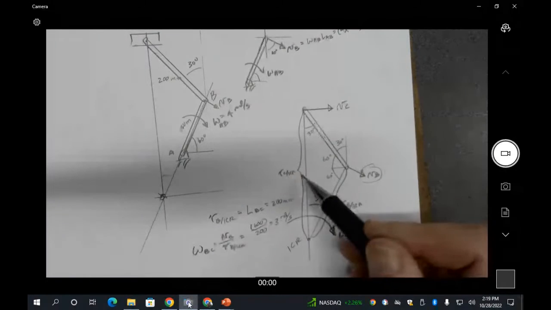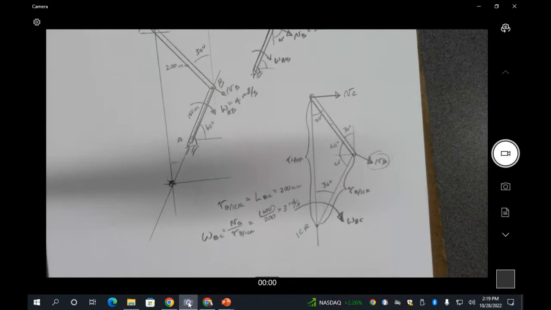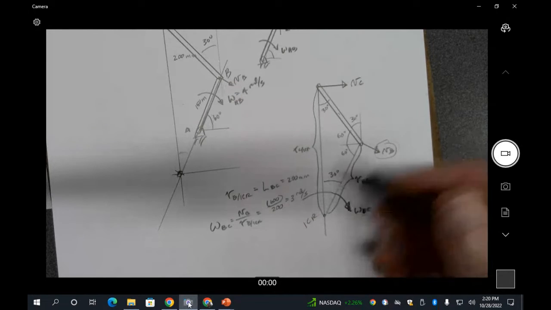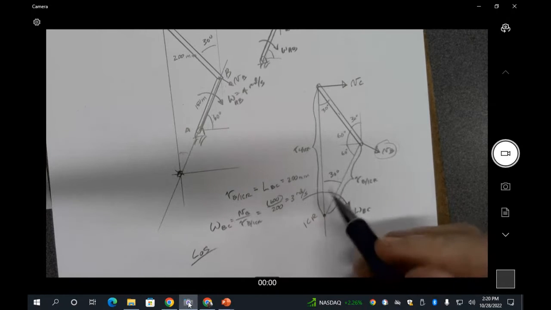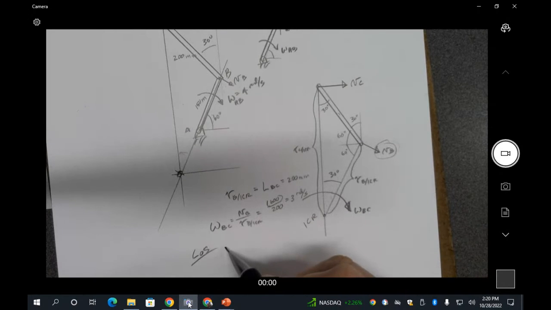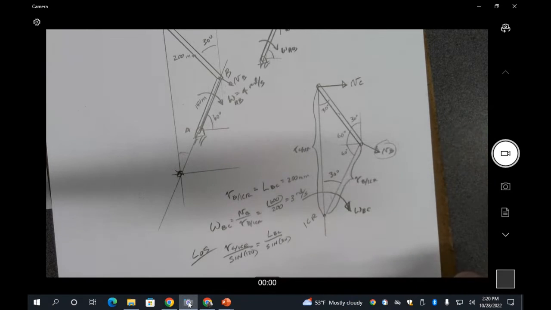And then we can find RC with respect to ICR in a couple of different ways. I think there's an easier way, but I'm going to go ahead and use the law of sines and just say that RC with respect to ICR divided by the sine of the angle opposite, which is 120, is going to be equal to LBC divided by the sine of 30, because they're opposite from there.